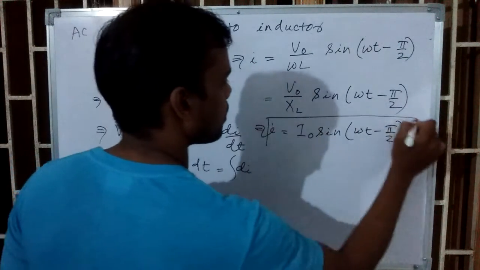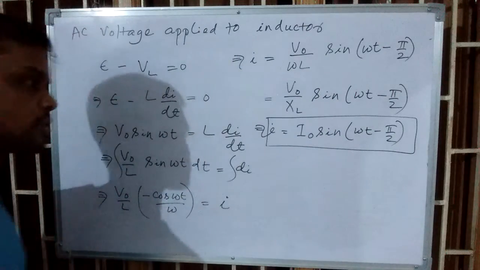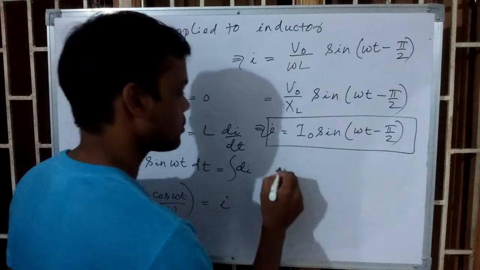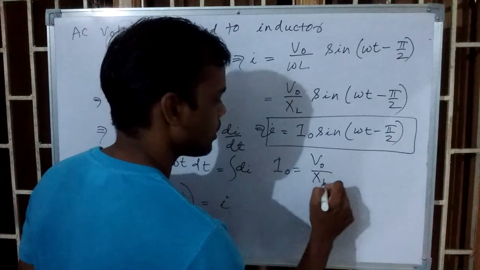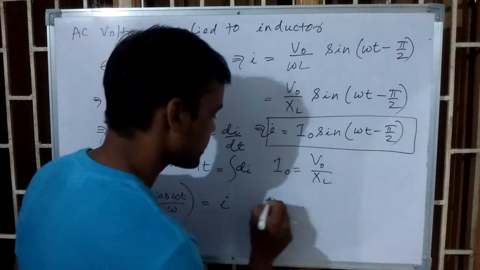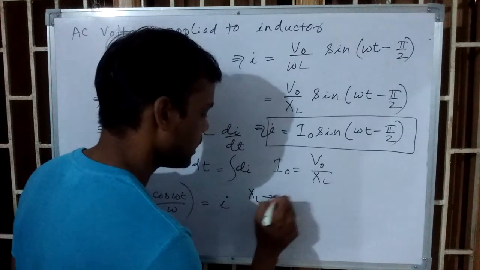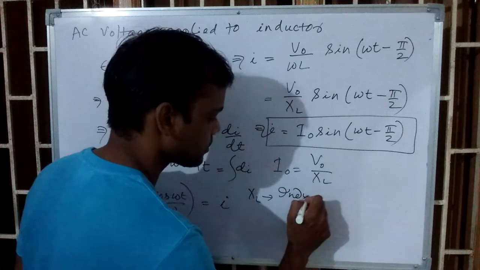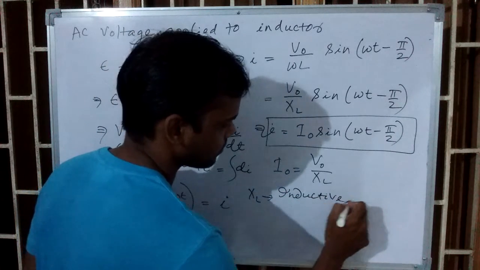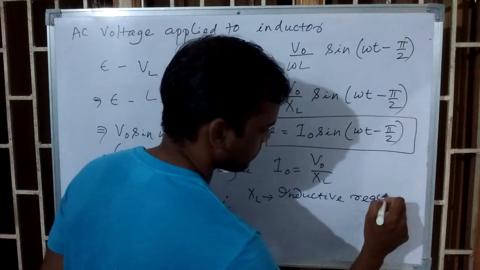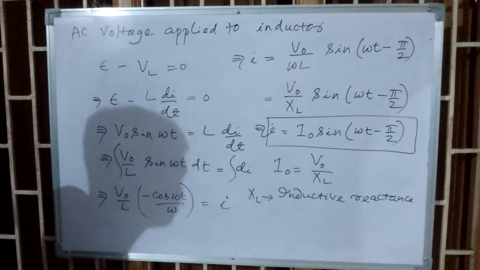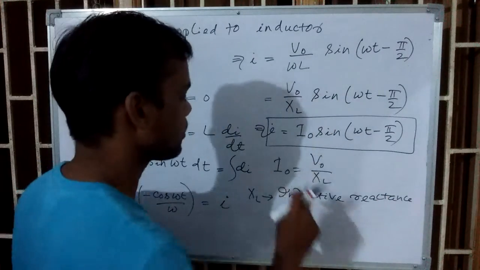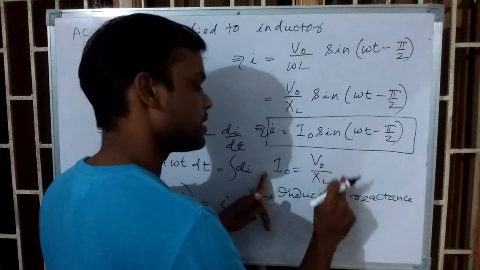Now this is the current in the circuit. So what is I naught? I naught is equal to V naught by XL. This XL is called inductive reactance. Why inductive reactance? You look here, current is equal to voltage by resistance.